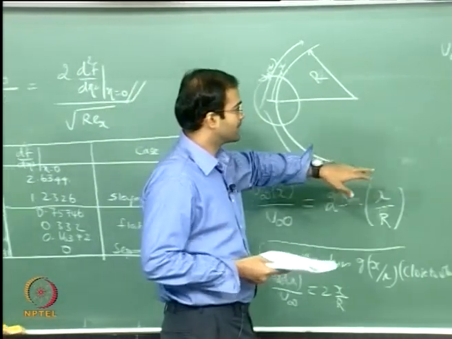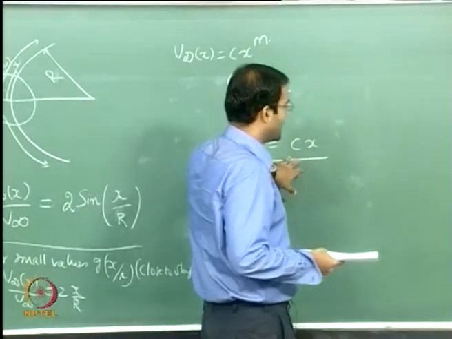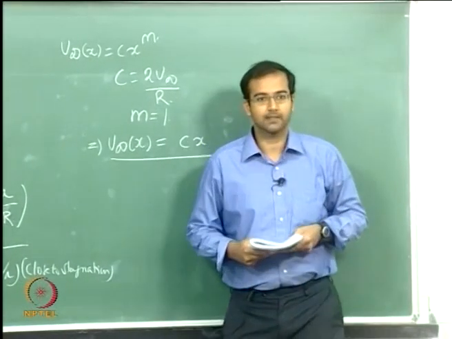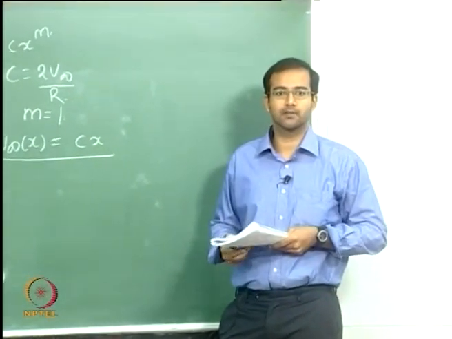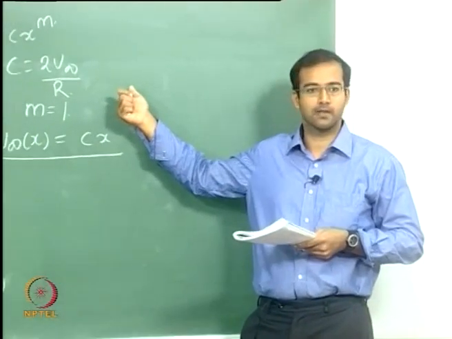So if you simply use c equal to 2 u infinity by R, this is nothing but the stagnation flow. The same solution will hold for the cylinder as well.